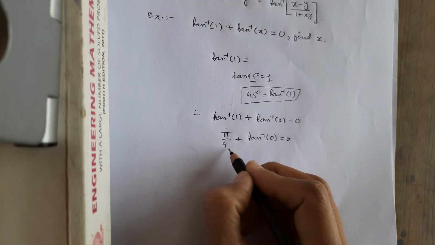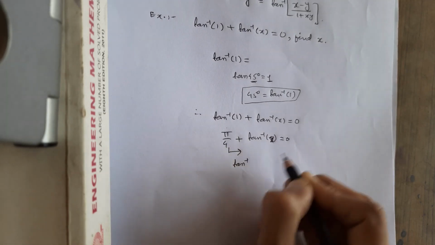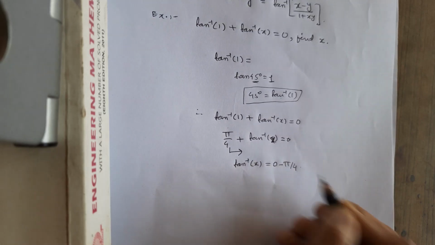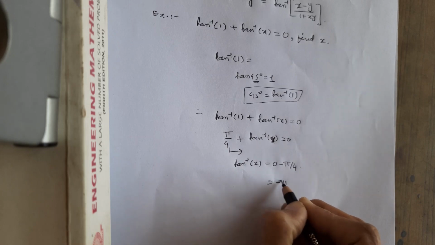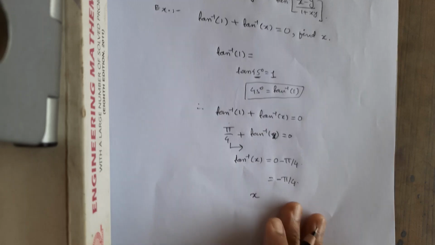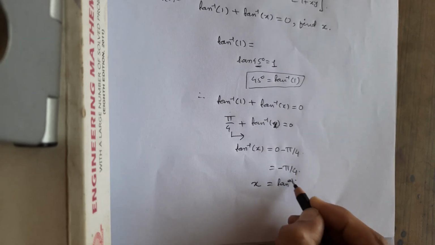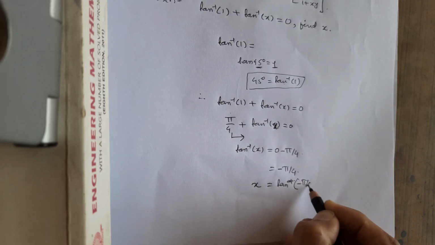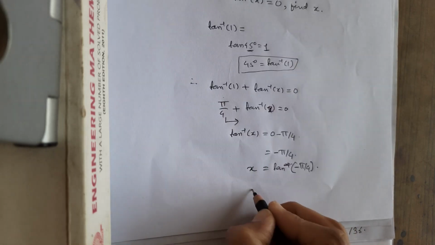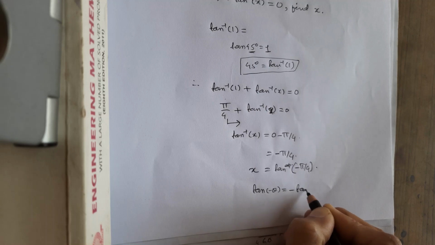Now take this pi by 4 to the other side. What will I get? Tan inverse of x equals 0 minus pi by 4, which is minus pi by 4. So by the definition of inverse function, x equals tan of minus pi by 4, and we all know that tan of minus theta is equal to minus tan theta.